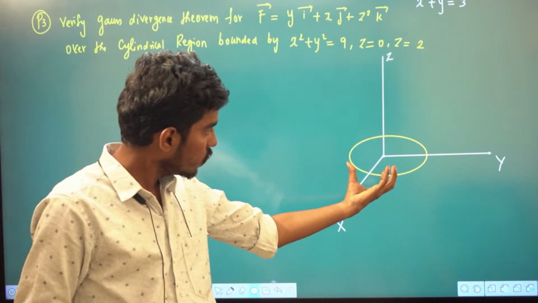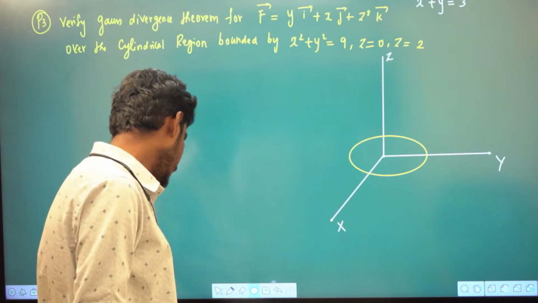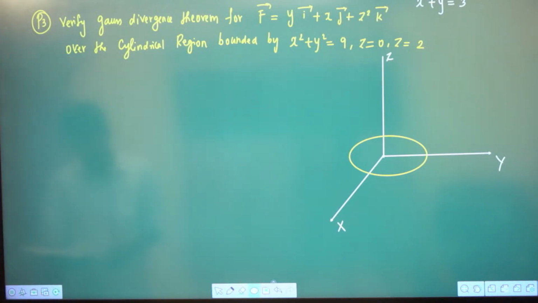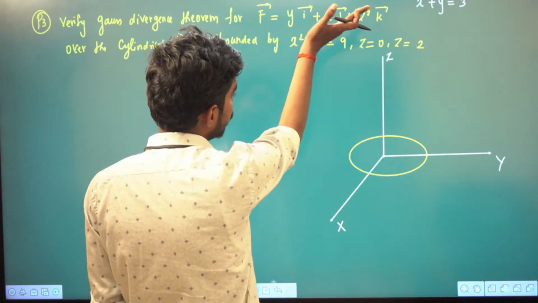So in the xy you have this circle which is x square plus y square is equal to 3 square. So you have a circle on this xy, right? Yes. And z varies from 0 to 2.